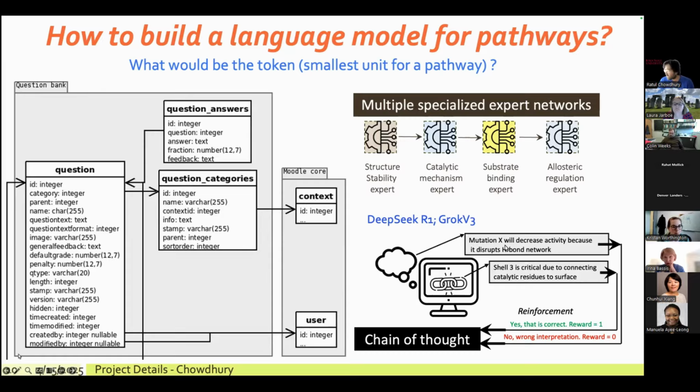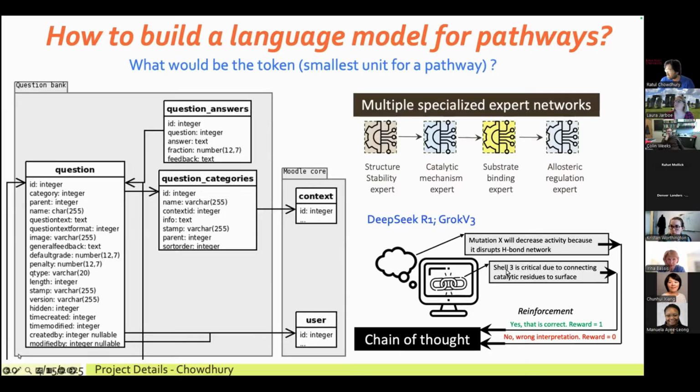Can you tell me what it will do? So the model will actually think and sort of look at the question answers that have been already fed to it, and it'll give back saying that, okay, this will increase or decrease activity because it disrupts this hydrogen bonded network. Remember, this information is already pre-fed for other enzymes which it has trained on. It learns from the enzyme similarity for this specific enzyme that we are trying to engineer and tries to map it and give an analogous answer.